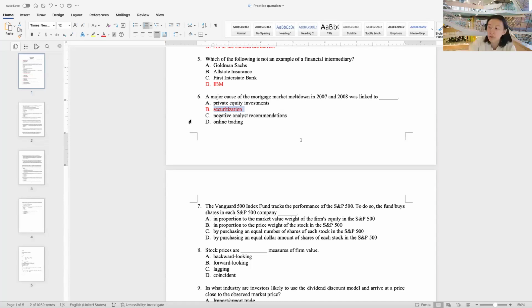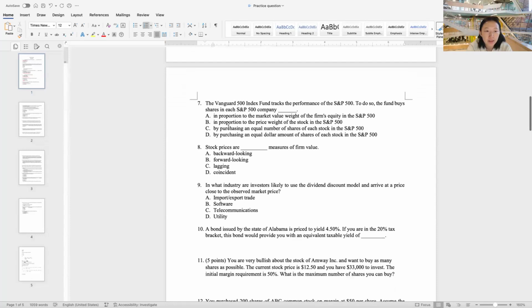Those people borrow money and couldn't pay back, so the loan has high risk. Before 2007 and 2008, a lot of financial companies would package those loans and sell them as securities. So it basically creates more risk out there. That is called securitization. They securitize the very risky loans.